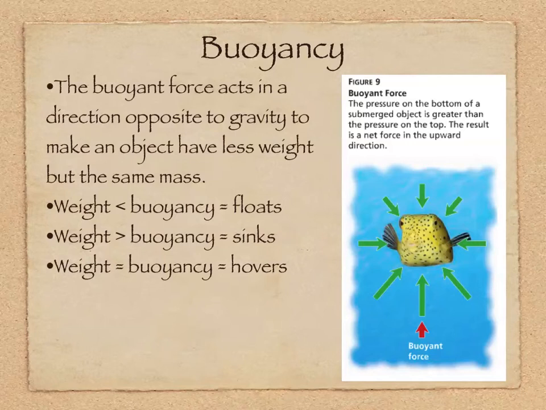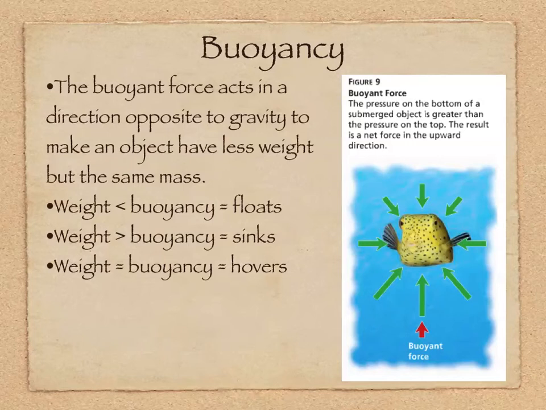So buoyancy force pushes up on an object that's floating in a liquid, whether that liquid is a pond, the ocean, or the sky, like a hot air balloon. Okay? And it makes the object have less weight but the same mass.